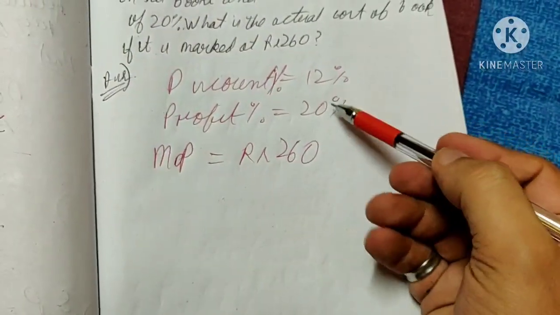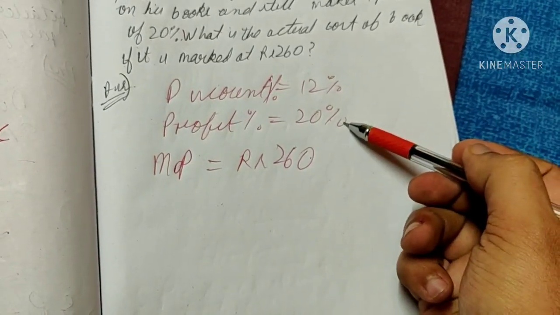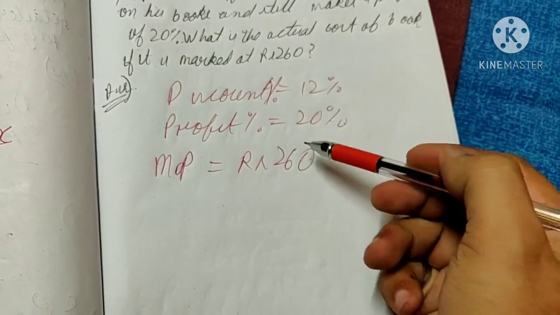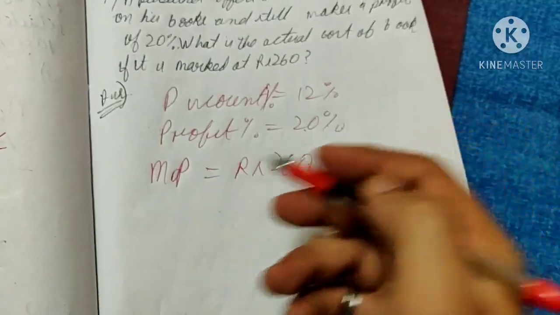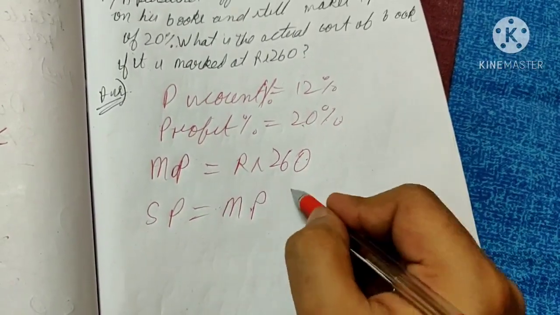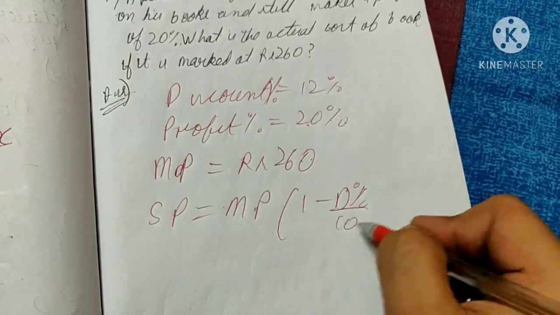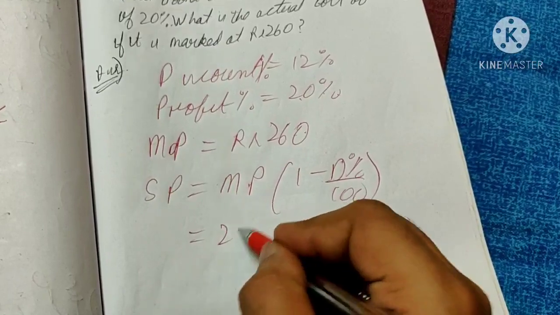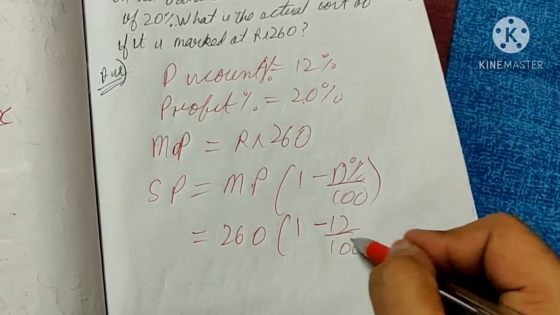From profit and MP nothing can be found, as profit is related with CP and we don't know CP. But using discount and MP you can get SP, and profit is related to SP in some way. So SP is equal to MP into 1 minus D percent upon 100. MP here is 260 into 1 minus 12 upon 100.